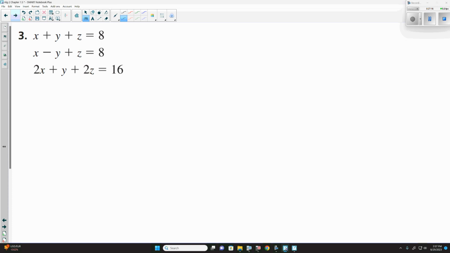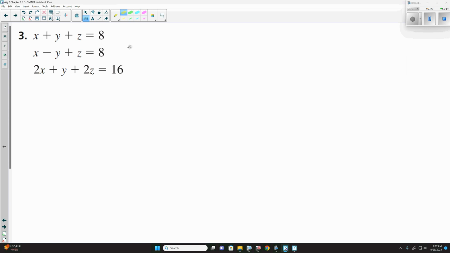All right, let's do number 3 because number 2 is a no solution. So let's look at this one here. Do we want to eliminate x, y, or z first? Which one do we want to use as our eliminator equation?